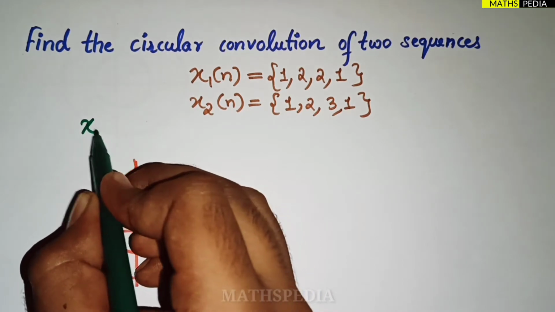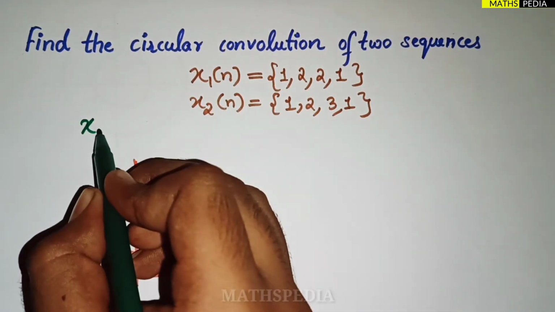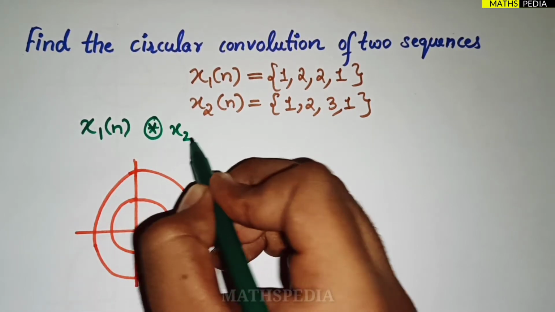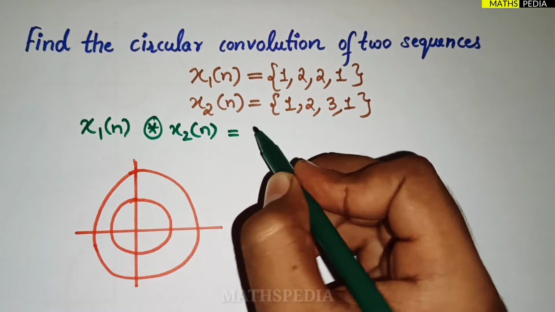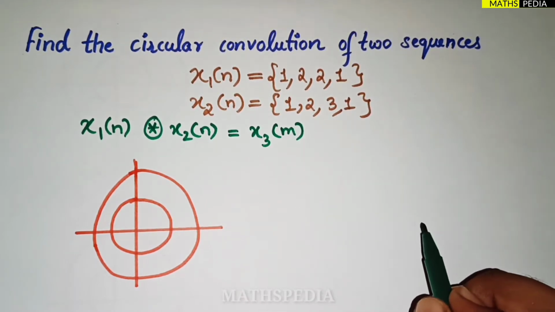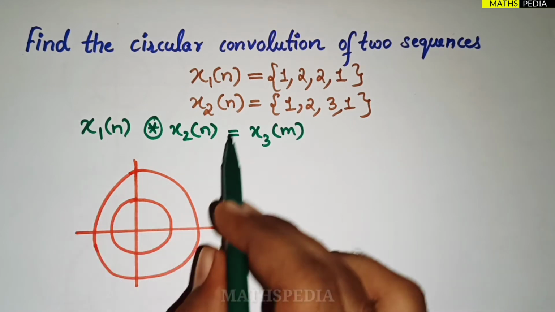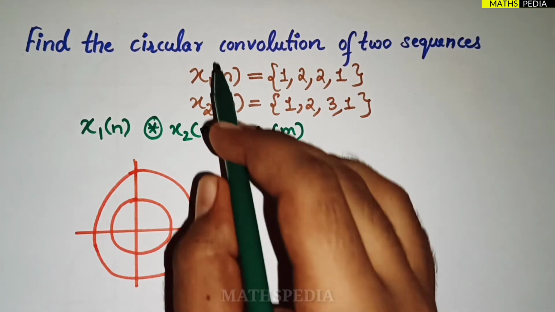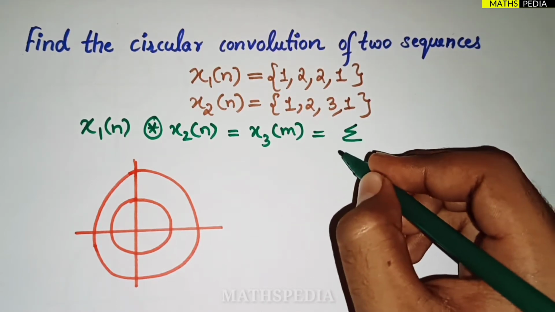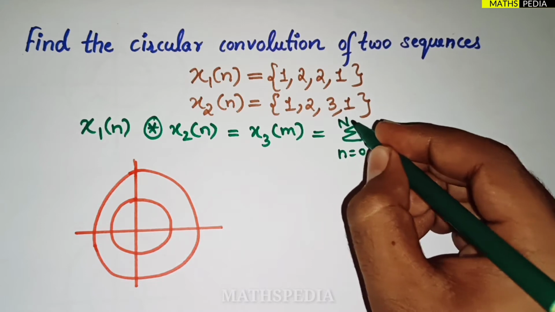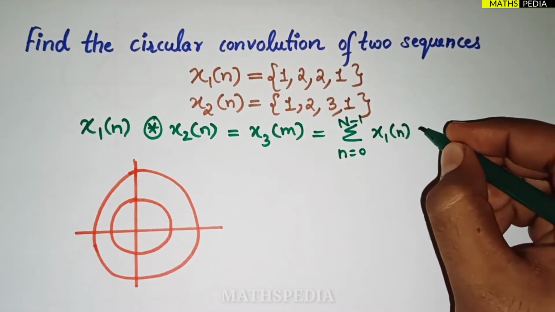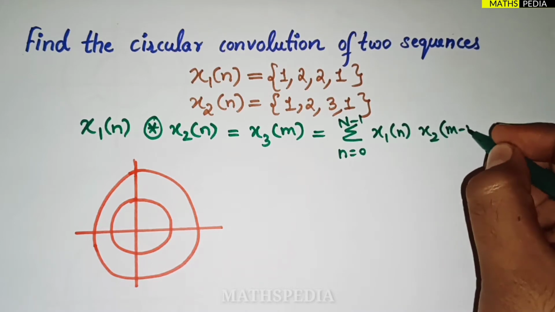If I consider the result of the circular convolution of x1 of n and x2 of n as x3 of m, the result of these two sequences, then x3 of m equals the summation of n equal to 0 to N minus 1, where N is capital N, of x1 of n into x2 of m minus n.